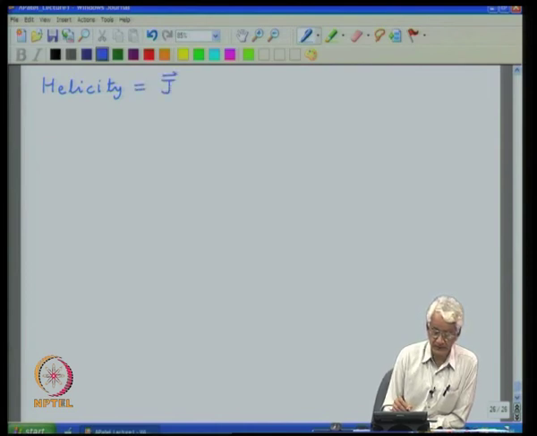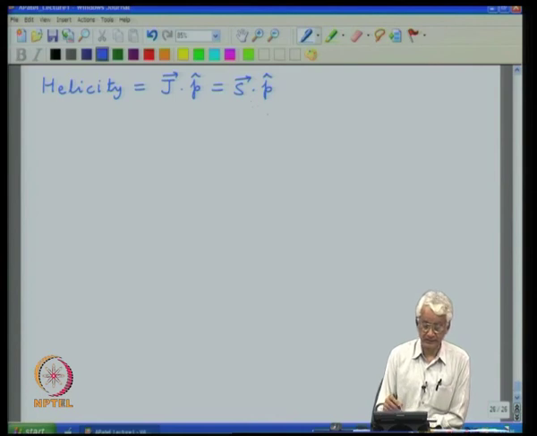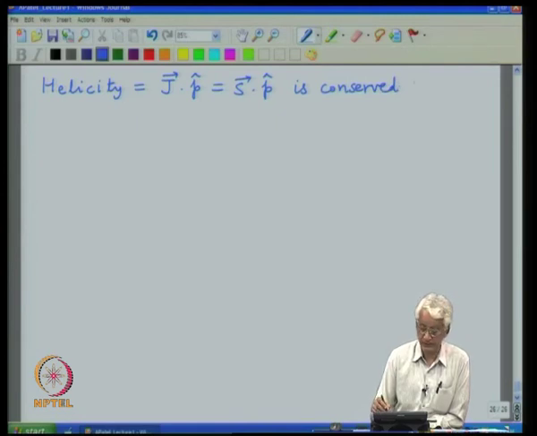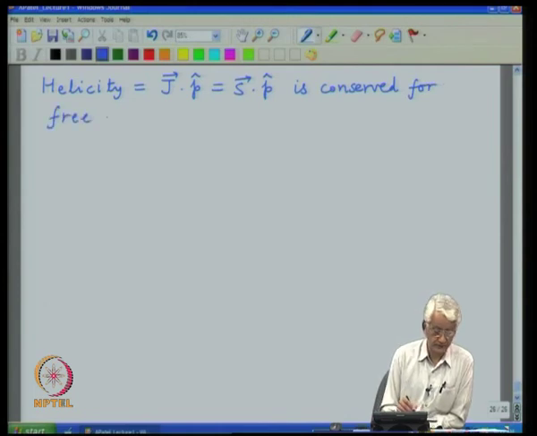It is the projection of the angular momentum along the direction of motion, and since orbital angular momentum is always perpendicular to the linear momentum, this automatically reduces to the projection of the spin along the direction of motion, and this quantity is conserved whenever the total angular momentum is conserved, and particularly it is conserved for free particles.